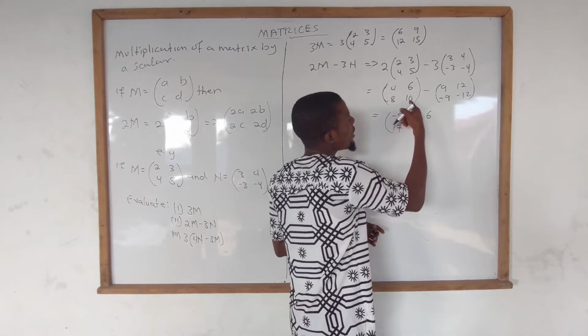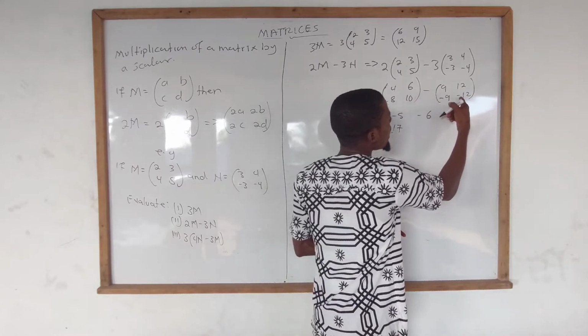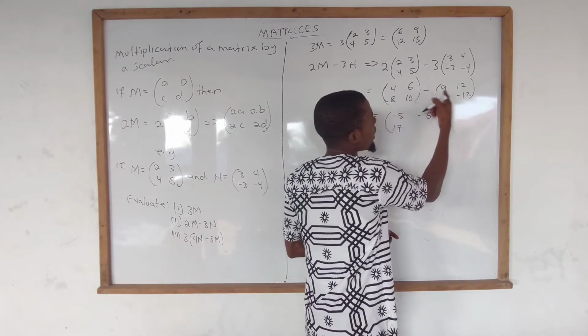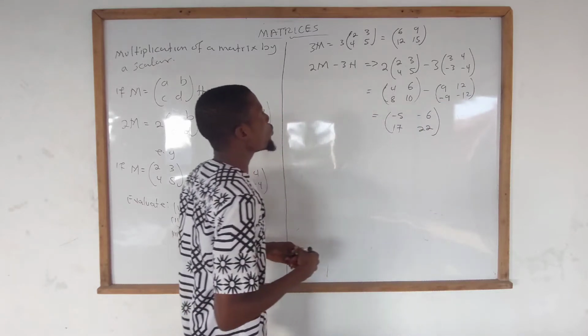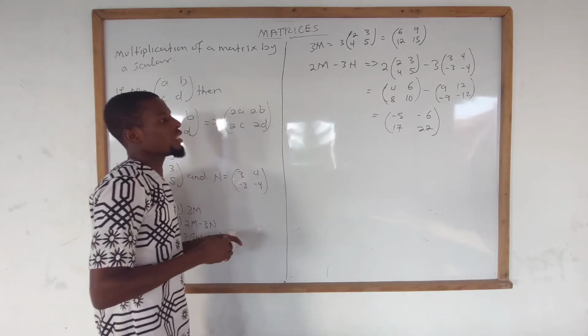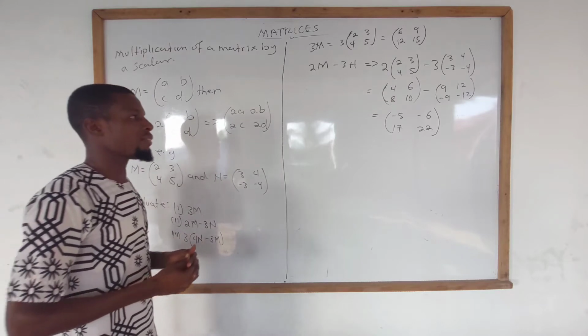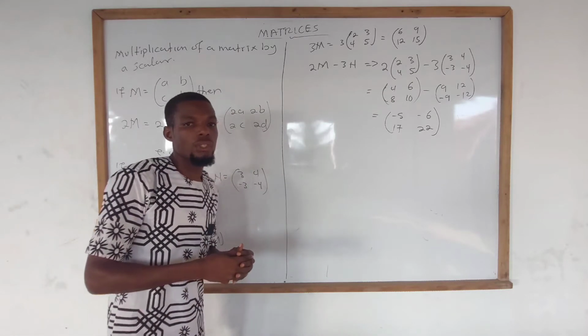And 10 minus negative 12 is 10 plus 12, which gives me 22. So 2m minus 3n is minus 5, minus 6, 17, and 22.